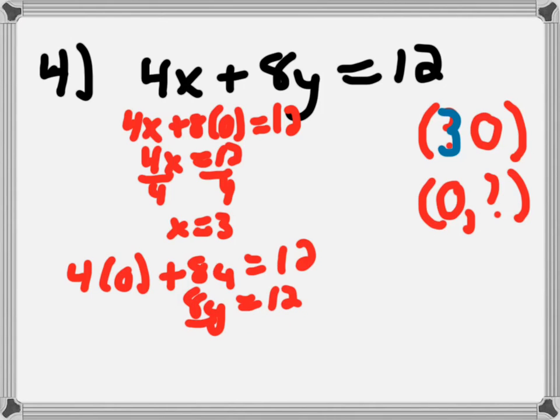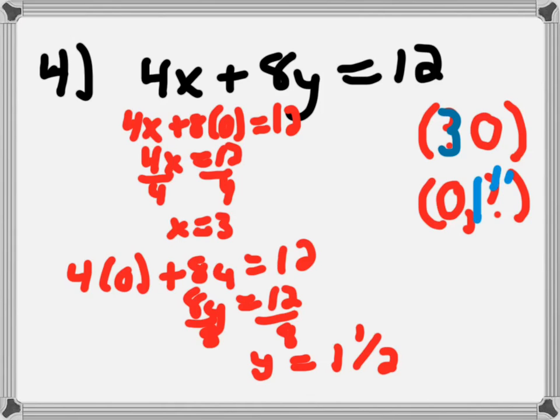Divide by 8. Divide by 8. Y equals, 8 will go into 12 one time with 4 eighths or 1/2 left. And so my y was 1 1/2. And then you have one more to do, a free choice one.